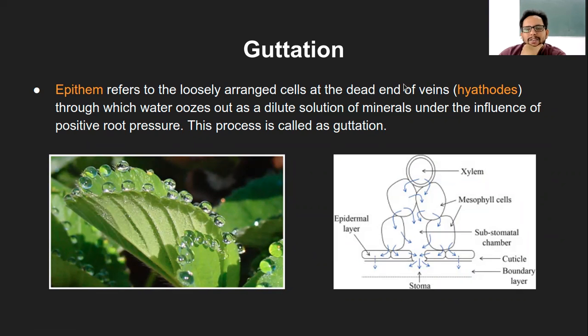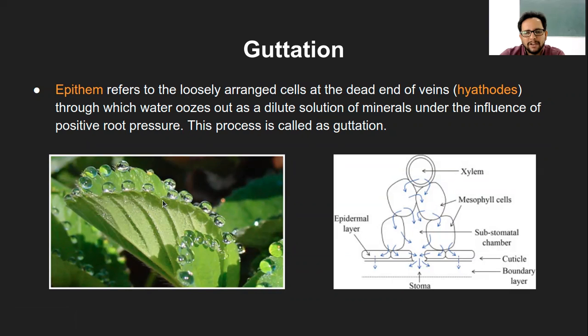Now, dead end does not literally mean dead. Like on the skin, we also have some dead cells which keep shedding off, right? It is something similar. So this epithem tissue is present at the margin of the leaves, and these are loosely arranged cells. Because they are loosely arranged, there is quite a lot of gap between the cells.